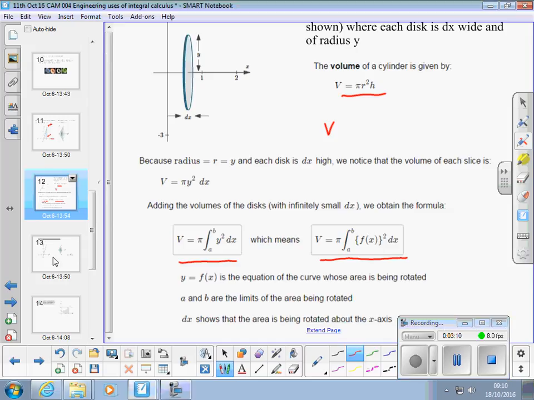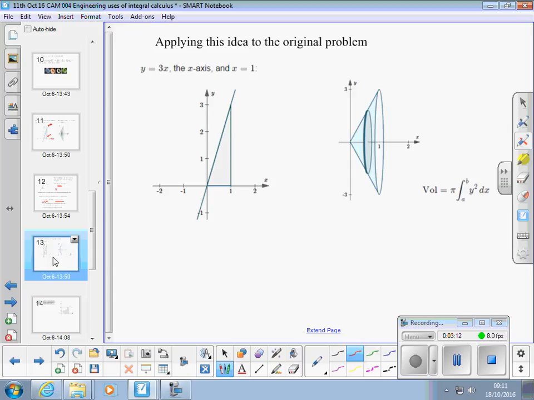So, applying that to that shape, we've got the volume here is equal to pi, so we take the pi constant outside the integral, y squared dx. And the limits here are what?